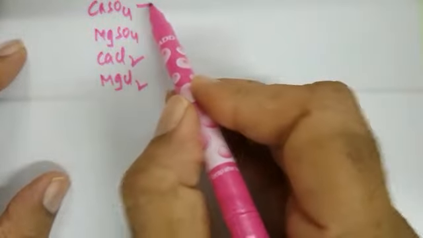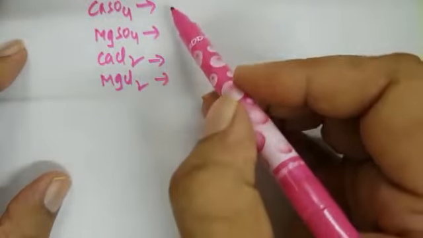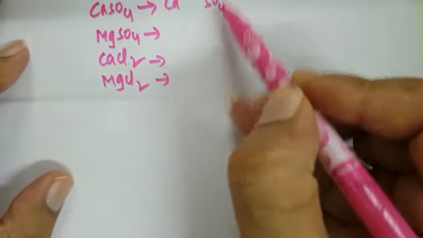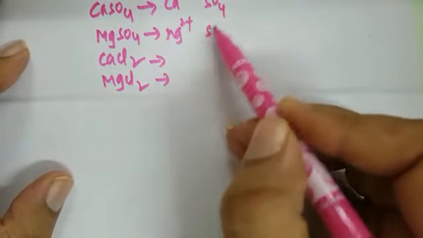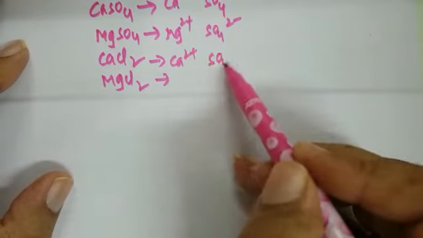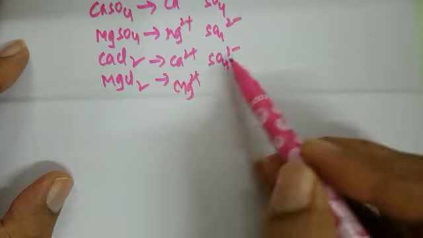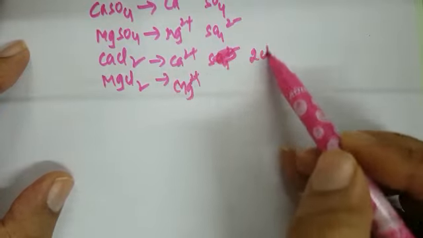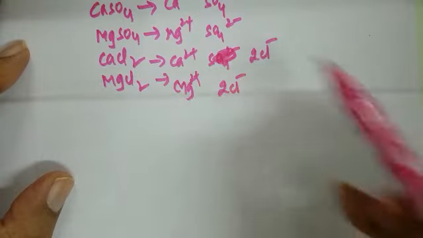If you split these salts, you will find anions and cations: Ca2+ SO4 2-, Mg2+ SO4 2-, and CaCl2 gives Ca2+ and 2Cl-, MgCl2 gives Mg2+ and 2Cl-.